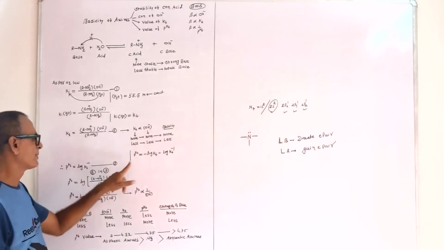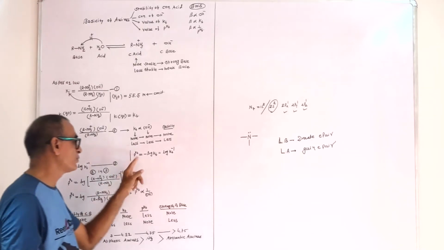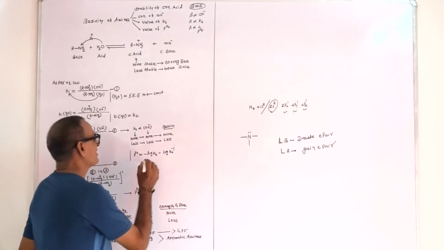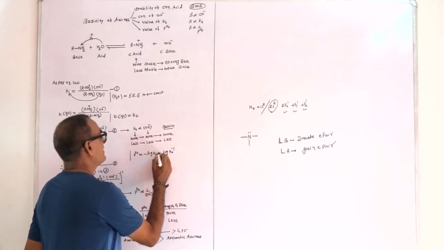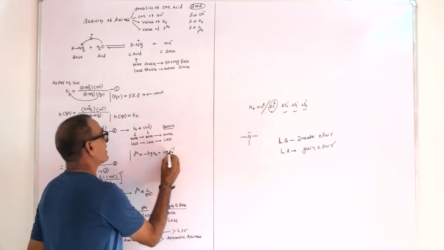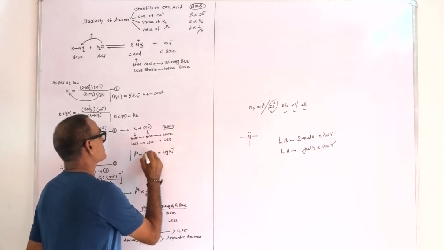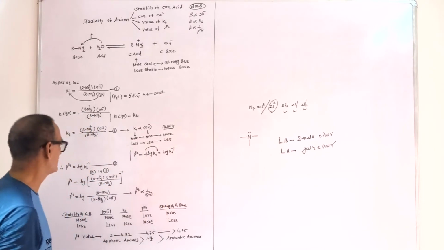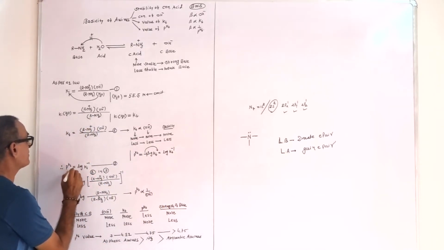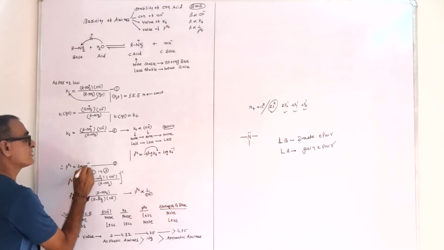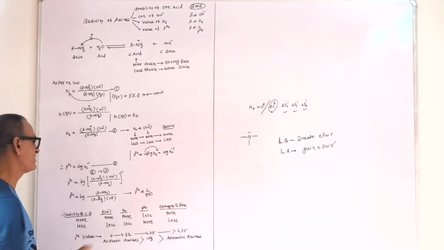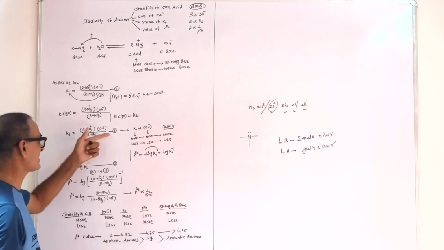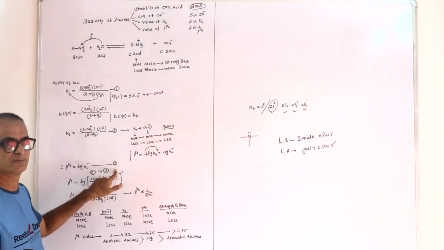One more thing, pKb is equal to minus log Kb. Therefore, can we write pKb is equal to log Kb raised to minus 1, ये minus 1 यहाँ चला जाएगा Kb raised to minus 1. This is equation number 3. Now you substitute the second equation in the third equation.